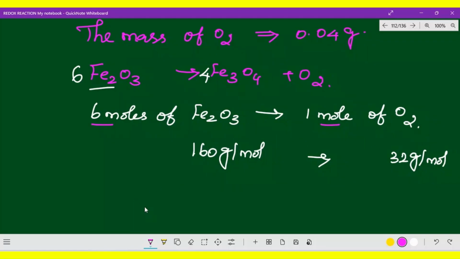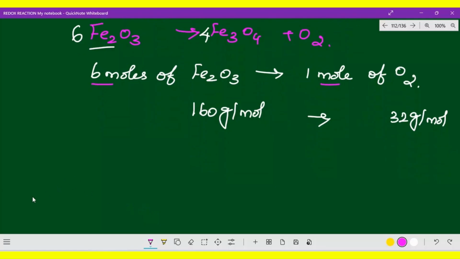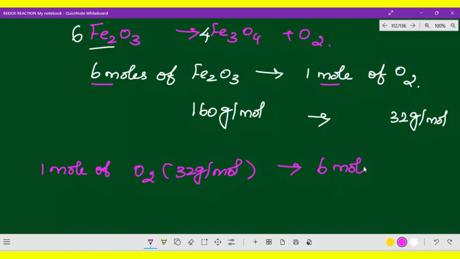So, the mass of Fe2O3. Okay, now let us check. 1 mole of oxygen, that is 32 gram per mole, is produced from what? 6 moles of Fe2O3. What is the molecular mass of Fe2O3? It is 6 moles, no? So 160 gram per mole into 6.